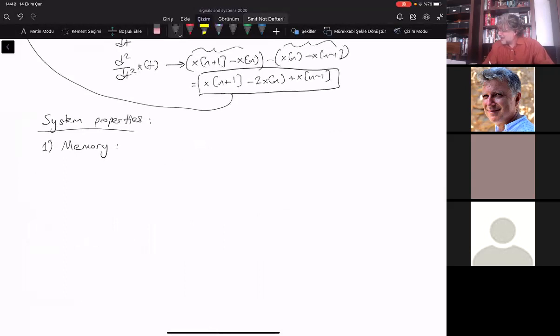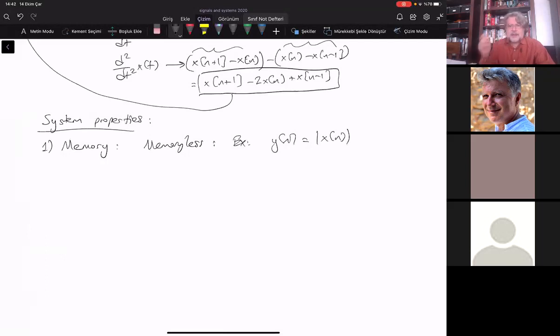Memoryless systems are examples. y[n] is equal to the absolute value of x[n], for example. If you're taking the absolute value of the input, then of course it does not depend on the past inputs or any other value, but only on x[n].